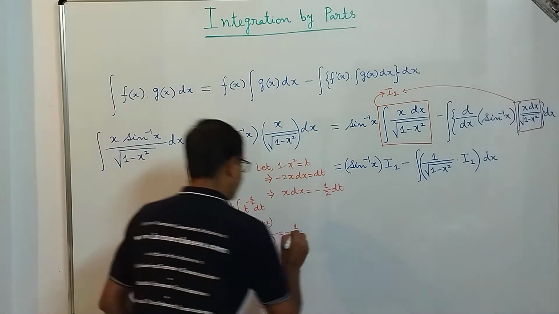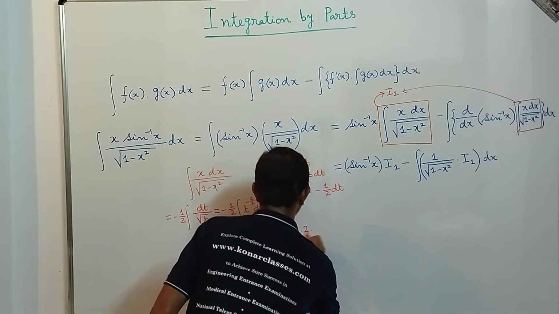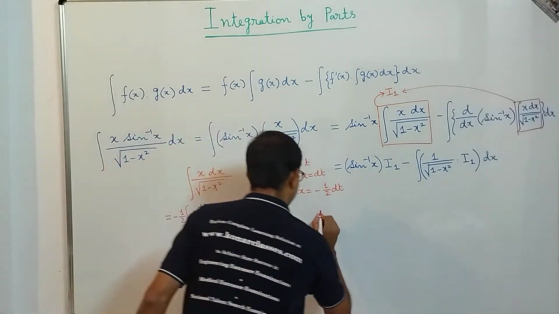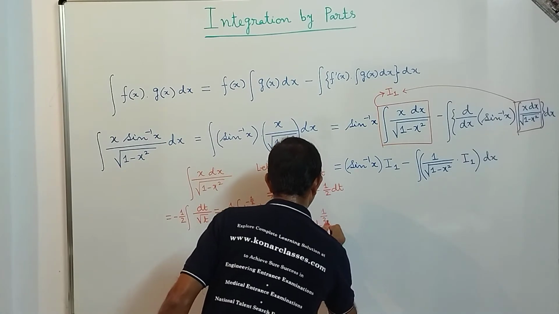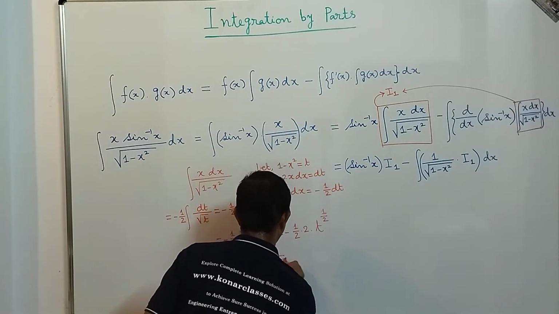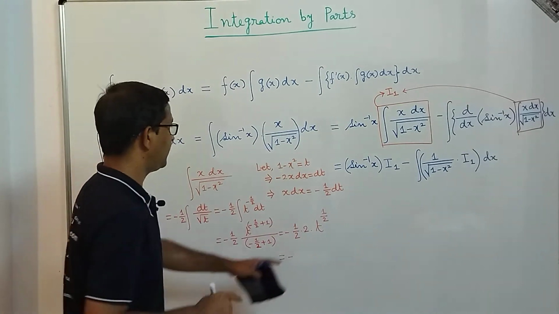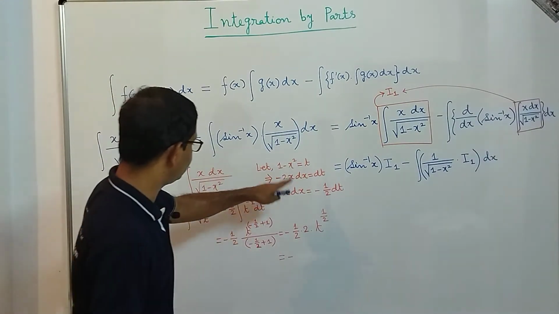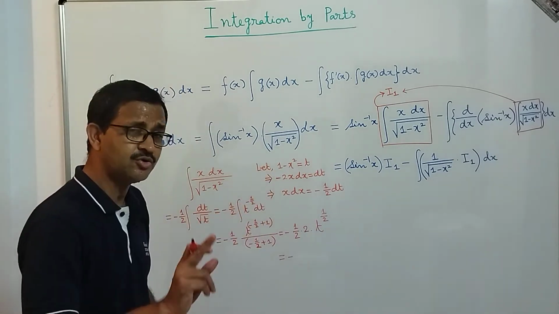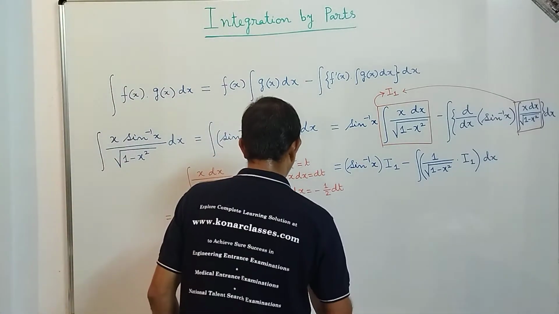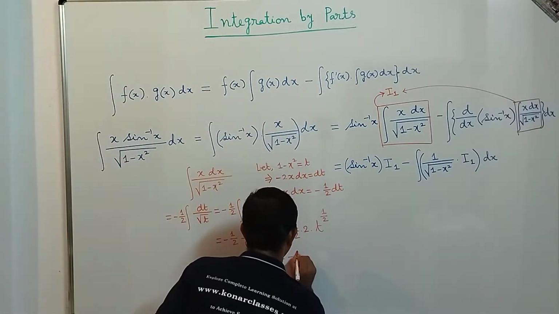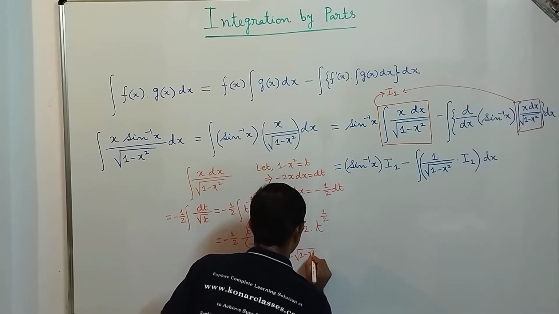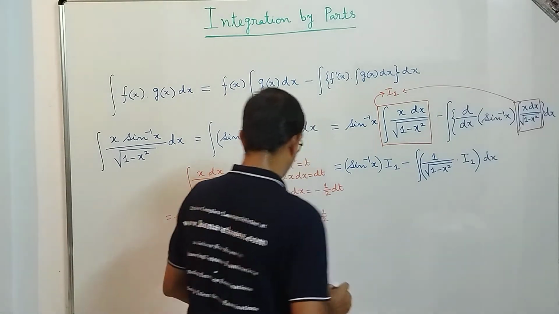When it comes into the numerator it becomes 2 into t to the power minus 1 by 2 plus 1, that means t to the power 1 by 2. So that is equal to minus t to the power 1 by 2. What is t? t is equal to 1 minus x square. So t to the power 1 by 2 means square root of t, that means square root of 1 minus x square. So we get square root of 1 minus x square, correct?